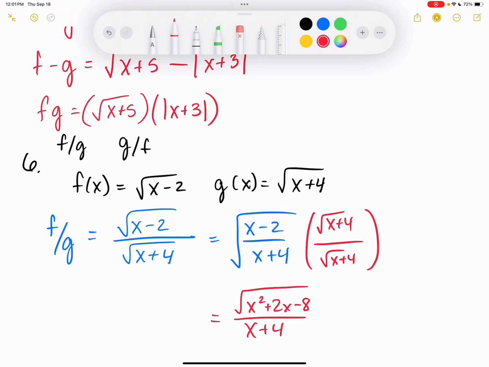Was this something that was discovered, or was this invented by mathematicians? The fact that you can't leave a radical on the bottom, and the fact that you can just combine those. I think it's just a rule that someone made up. But why? It makes more sense to have it on the bottom.